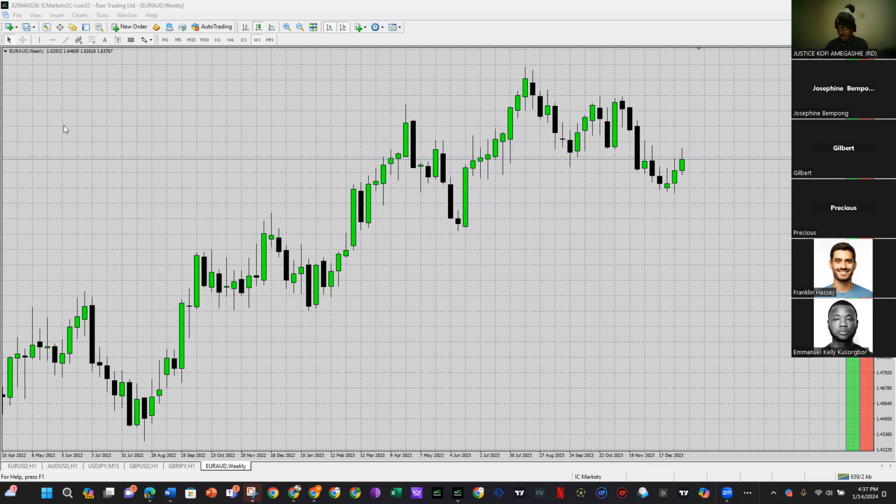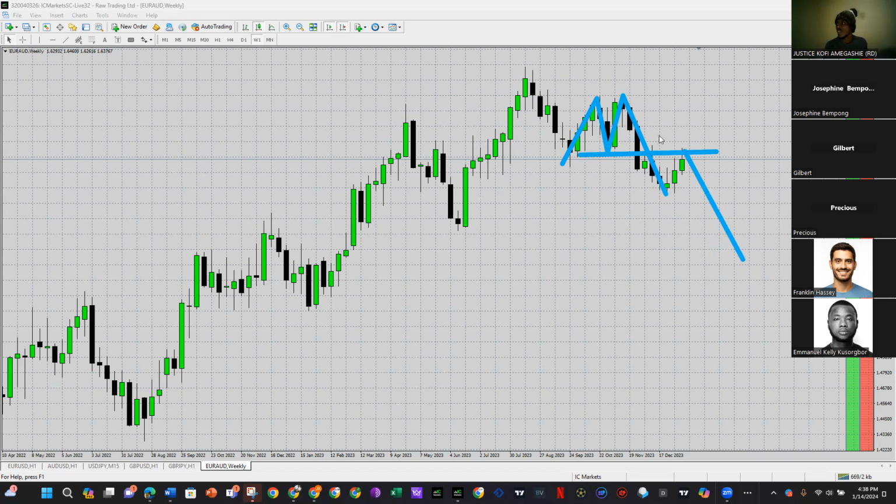So now what we are going to be doing is, from here, you can see that there is a double top here, and there's a break of structure, or the neckline is broken here. So what can happen is this pair moving up and then finally dropping.